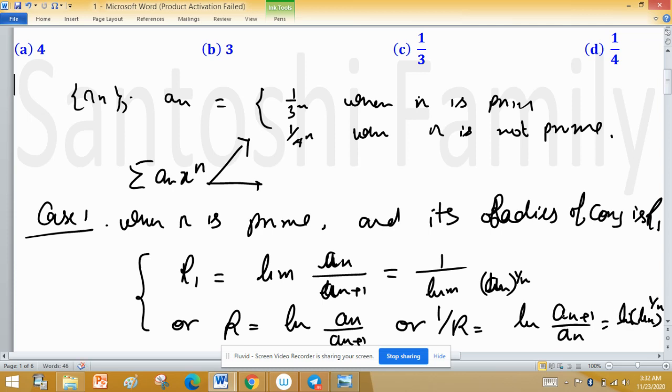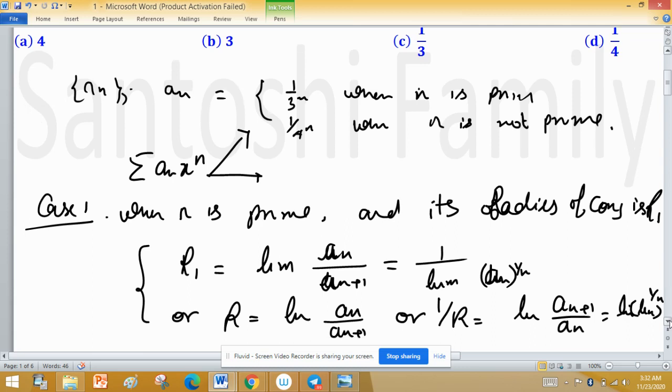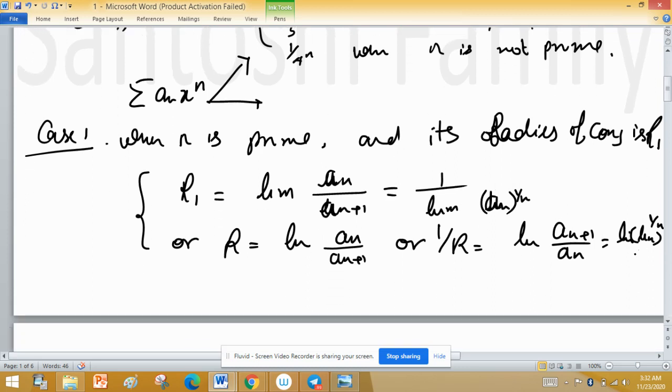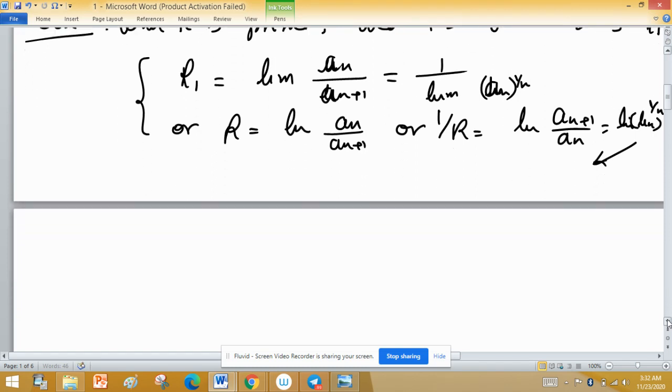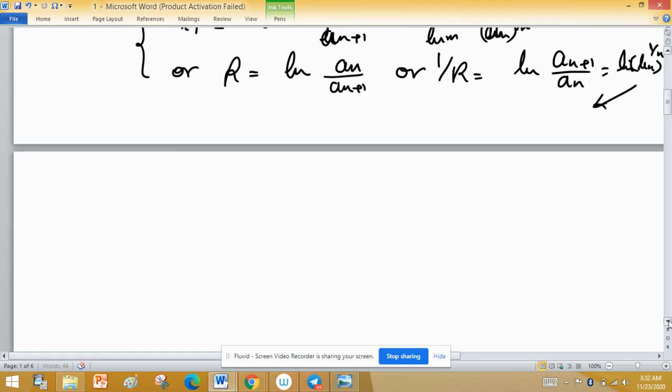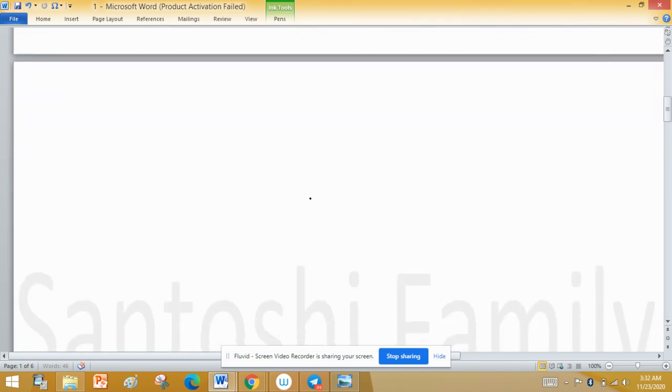So these are only the ways of writing, and our a_n is in the form raised to the power n, it means exponent type. So this format is most appropriate as root test. So I'm going to find the radius of convergence by the root formula.